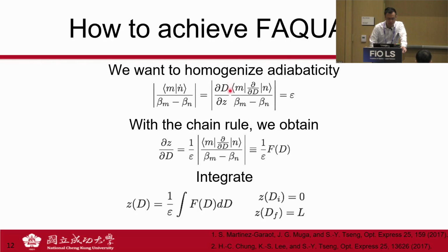For a linear taper function, this derivative of the design parameter against Z is going to be a constant. With this being a constant, we can obtain this value, and then with very simple math, we can obtain the desired taper function.